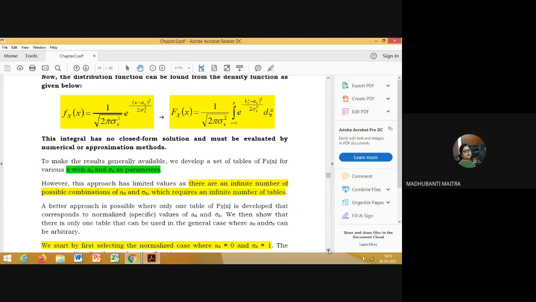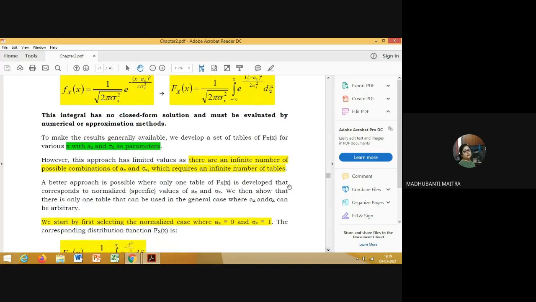Here you see we have two parameters which dictate the value of this integral. One is a_x, the other one is sigma_x. So what can be done to make the results generally available?